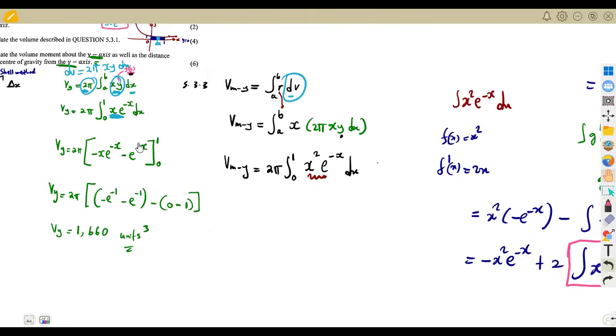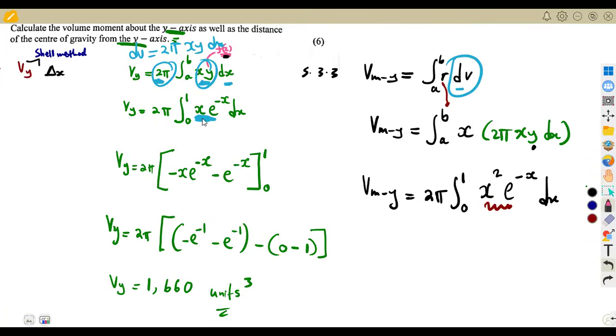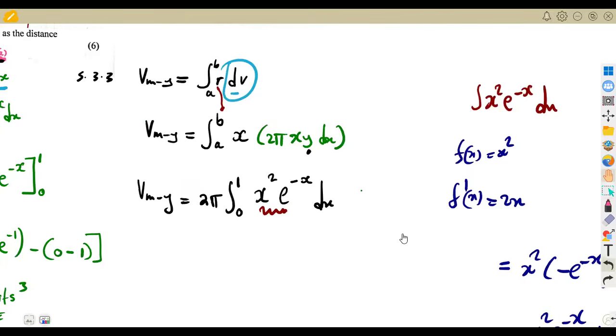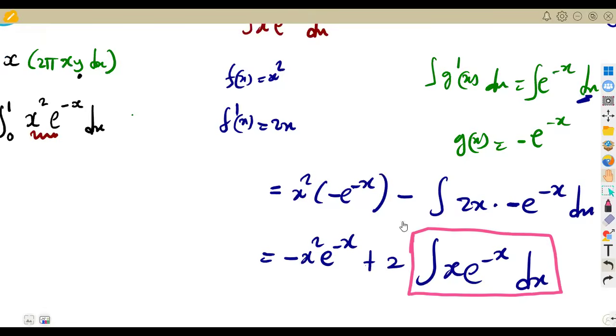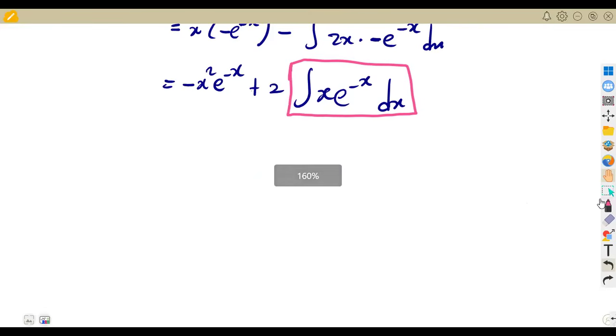We integrated x e to the exponent of minus x, and this is what we got here. So instead of redoing that integral, we have the answer for that integral. We have already integrated this type of expression, so here we are simply going to substitute.